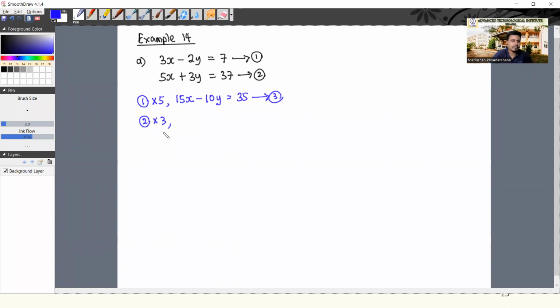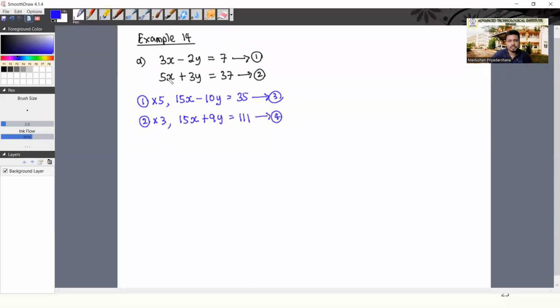So 5x into 3, that is 15x. 3y into 3, that is 9y. 37 into 3: 30 into 3 is 90, 7 into 3 is 21, 90 plus 21 is 111. This is the fourth equation.